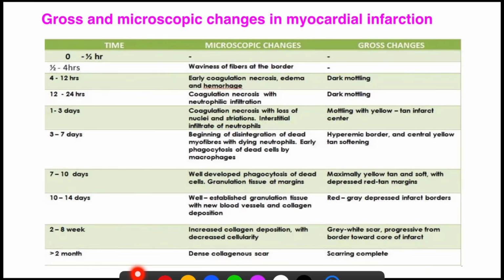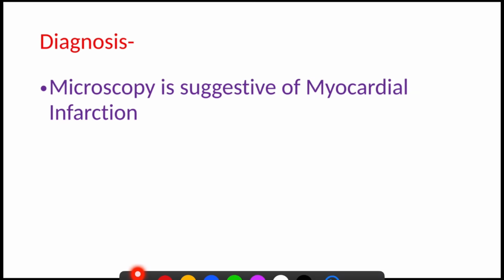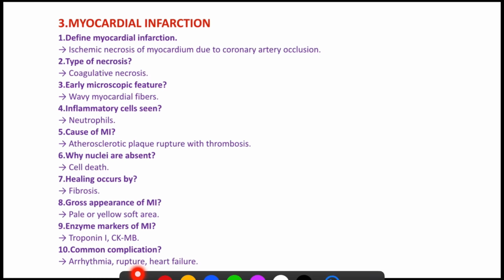So when you learn systemic pathology and heart chapter, then you have to remember all these differentiating points according to the time duration. So this is microscopy features are suggestive of myocardial infarction. So your final diagnosis is MI.